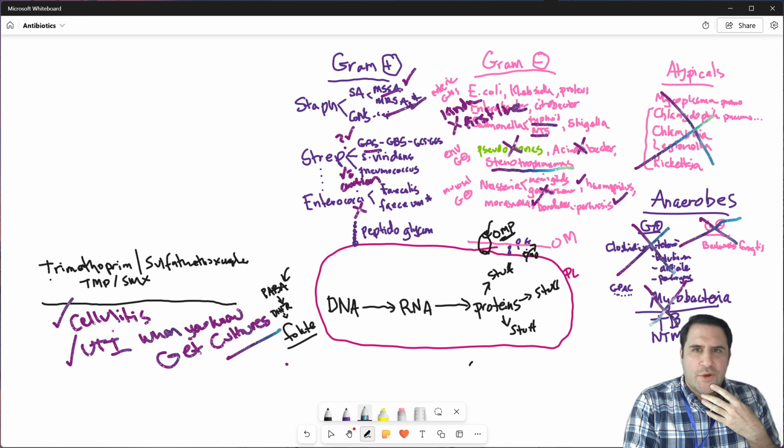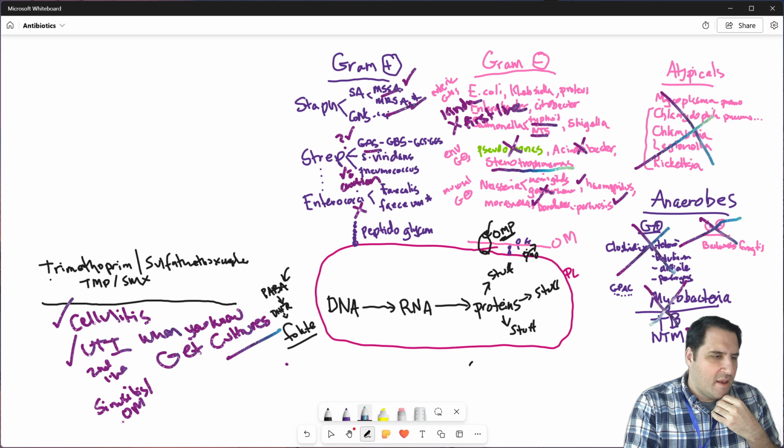So certainly can use for a UTI, and we'll put that as sort of second line or after, and then we can actually use it in infections like sinusitis and acute otitis media, again, as sort of a second line agent. It's not going to be your first line, but in patients with anaphylaxis and you need an alternative agent, you can absolutely think about this.